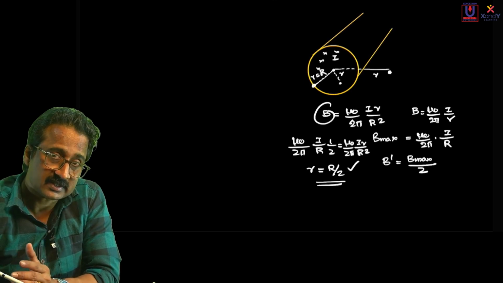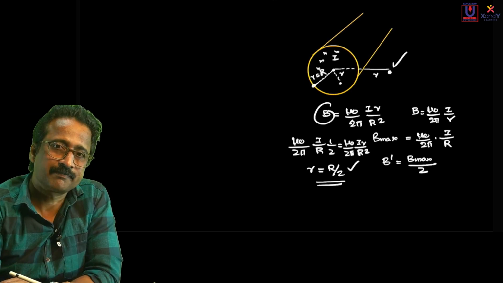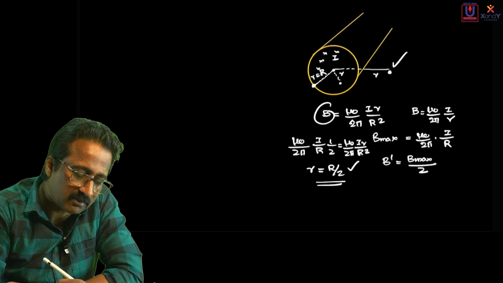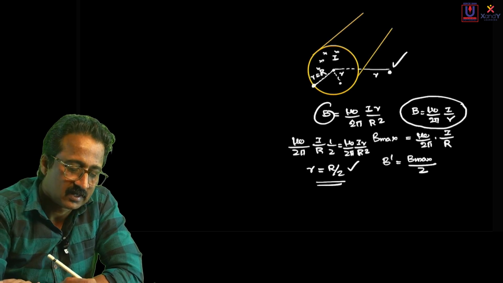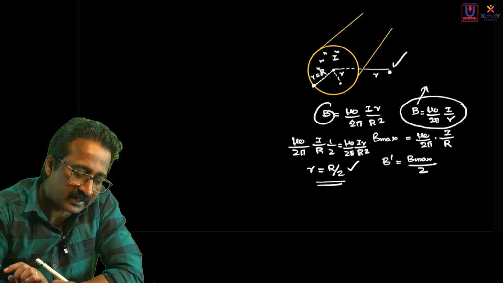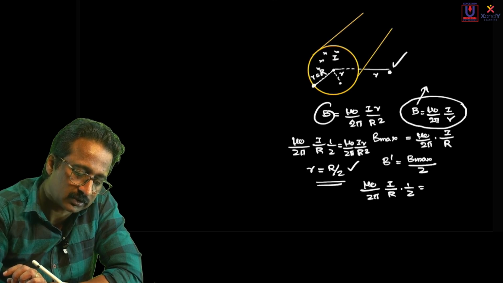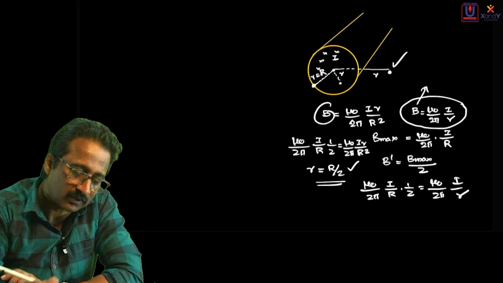Now the next answer is for a point outside. You will find B to be also equal to B maximum by 2 at a point outside also. So this is the equation corresponding to the field outside. When you give B as B maximum by 2 there, let me see what happens. It is mu 0 divided by 2 pi into I by R, that is B maximum, into 1 by 2 is equal to mu 0 divided by 2 pi into I divided by small r.